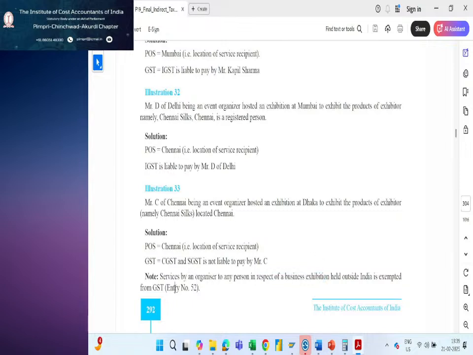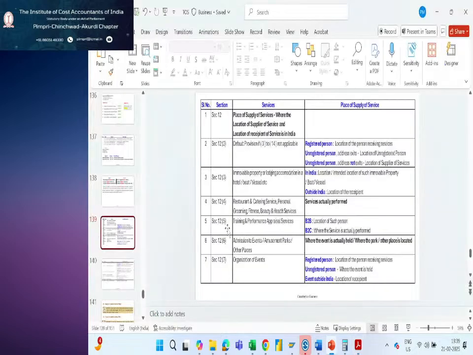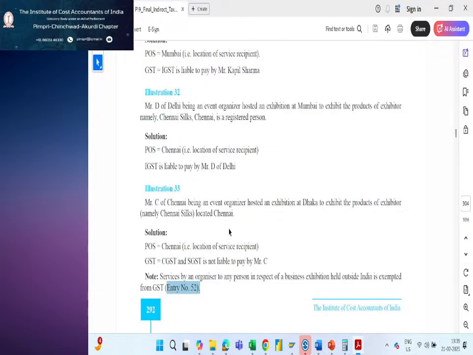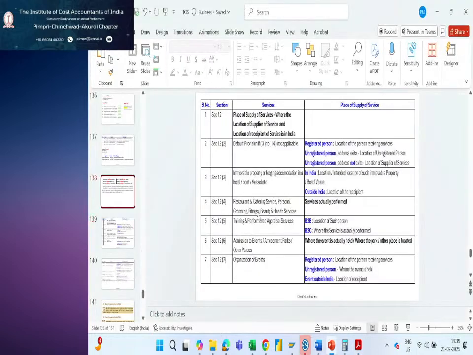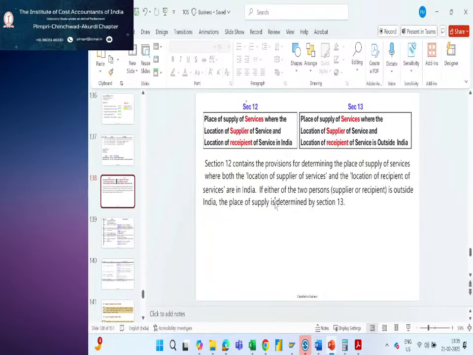We have to refer to entry number 52. Before I move on to the next topic, though it is mentioned here that the exhibition was hosted at Dhaka, let us look at section 12. What is the difference between 12 and 13?